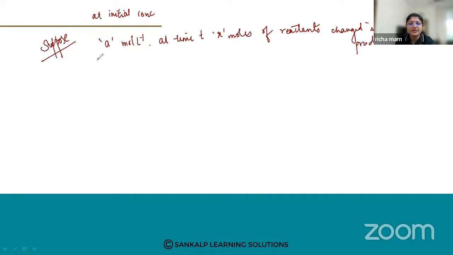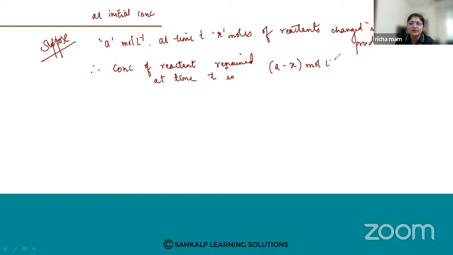So what will be the concentration of the reactant remained at time t? It will be A minus X mole per liter.